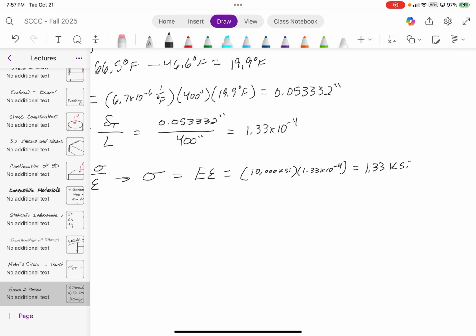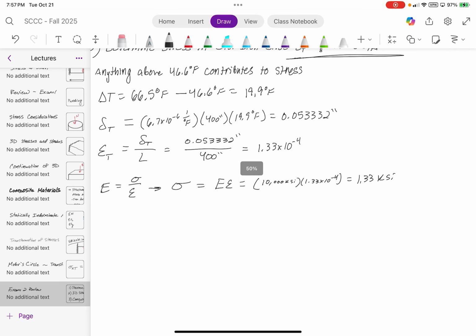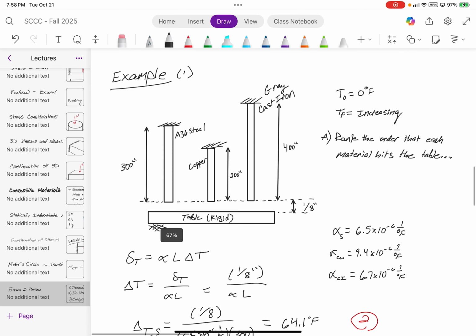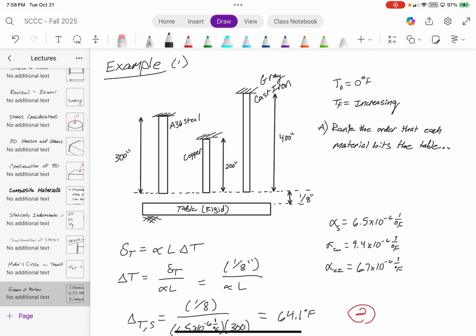Does everyone follow with that? The way you have to visualize it is this. The gray cast iron is going to close off first.